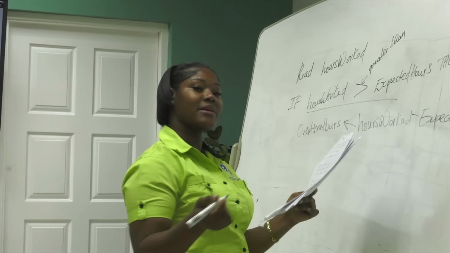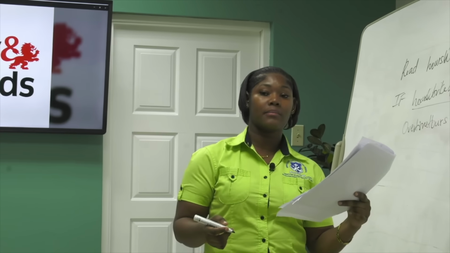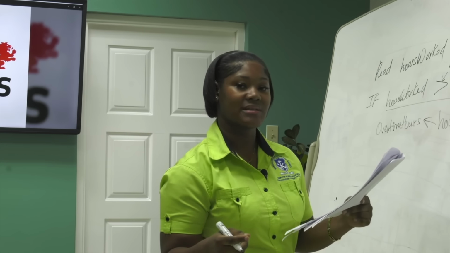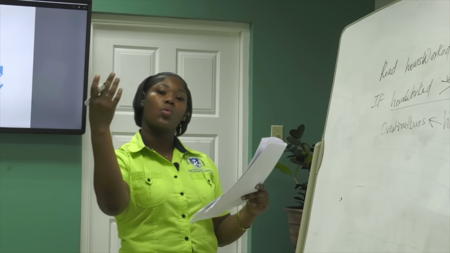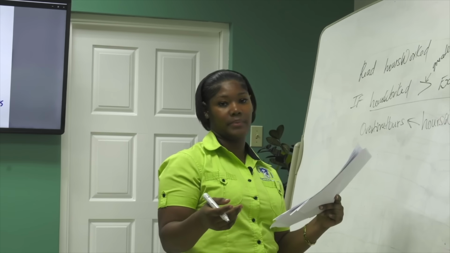So overtime hours is equal to hours worked minus expected hours. And then after I get the overtime hours, I want to calculate my overtime pay and my regular pay in order to get the pay that I would receive, which is to add the overtime pay plus the regular pay.